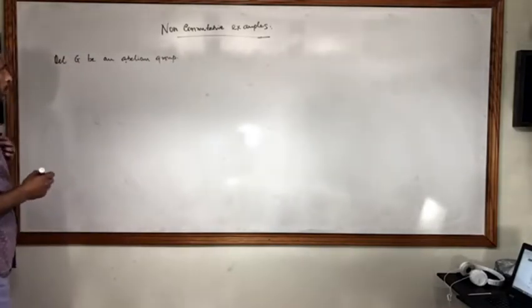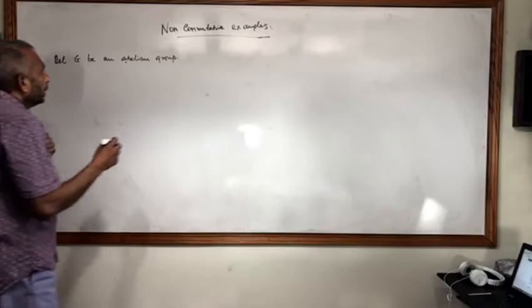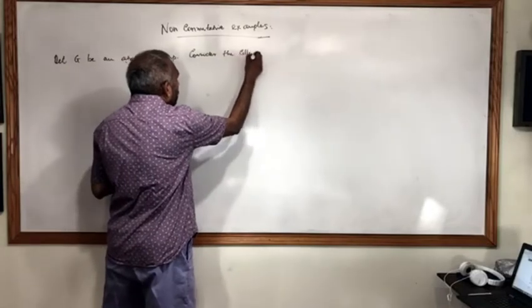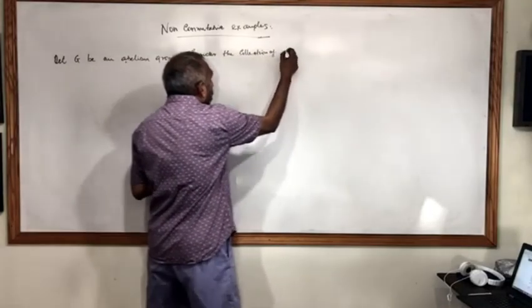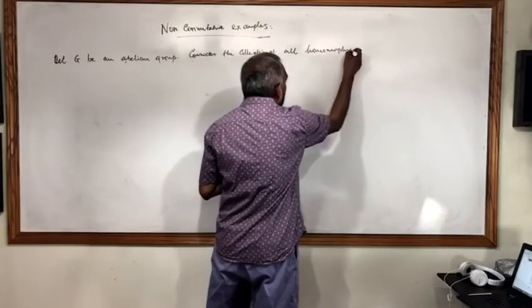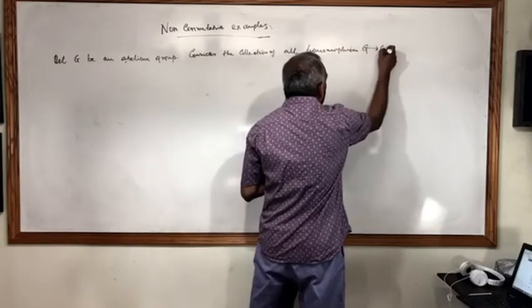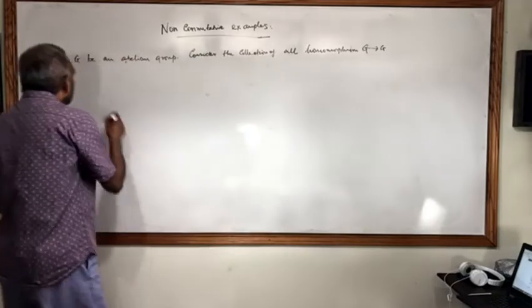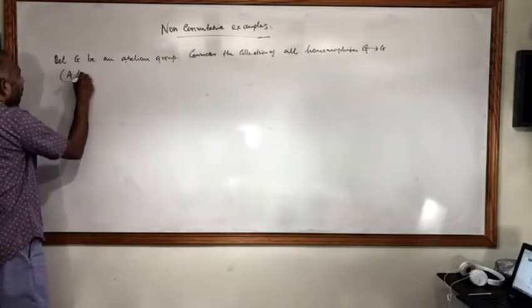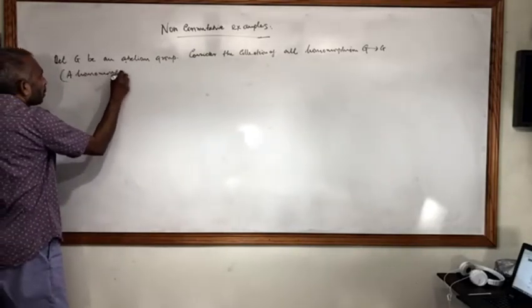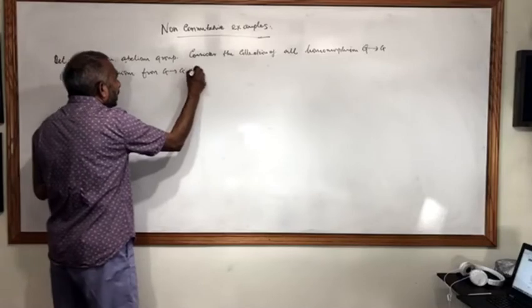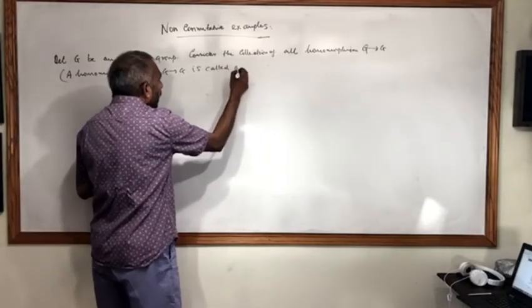Then consider the collection of all homomorphisms from G to G. By the way, a homomorphism from G to G is called an endomorphism.